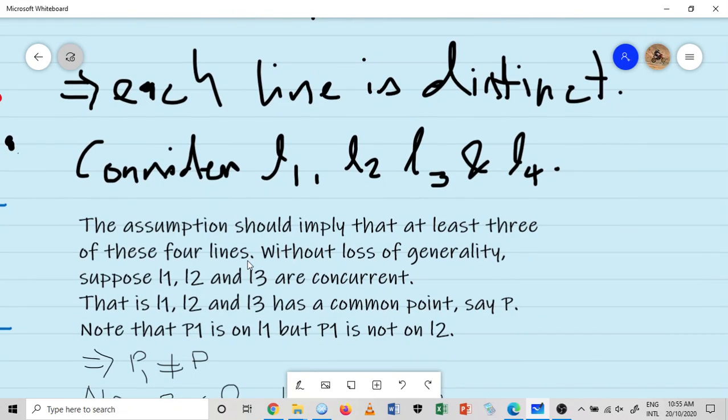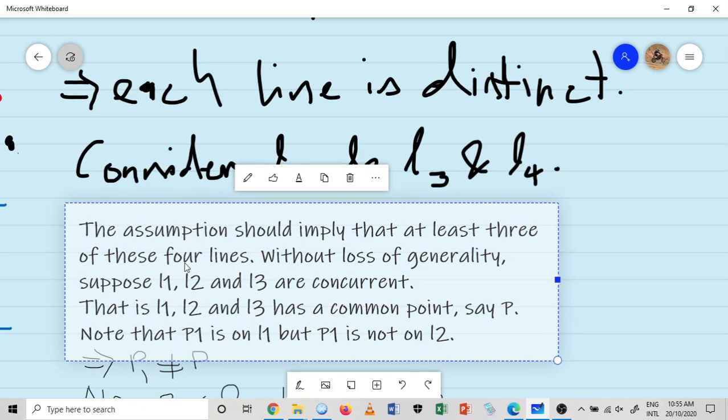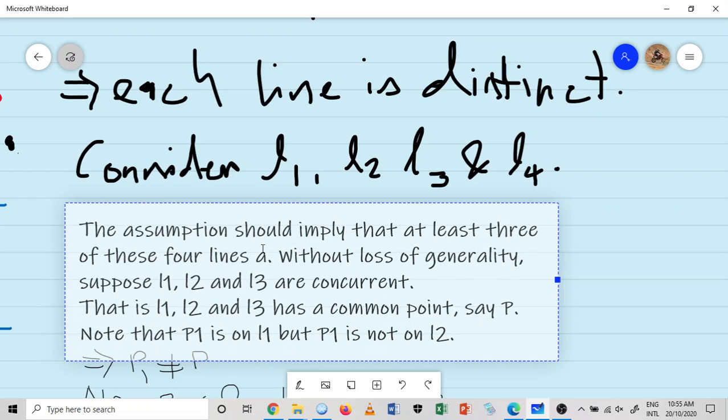The sentence here is lacking. This one. The assumption should imply that at least 3 of these 4 lines are concurrent.